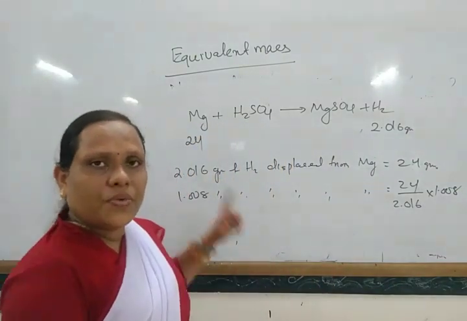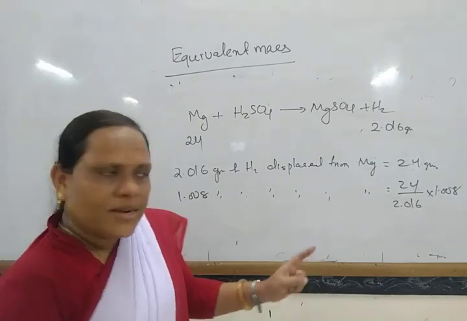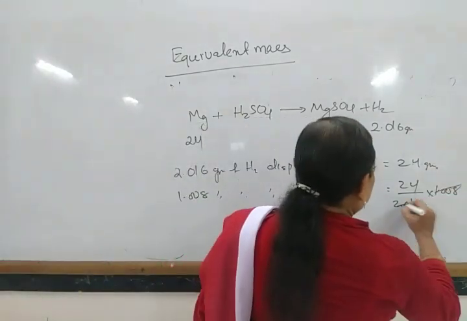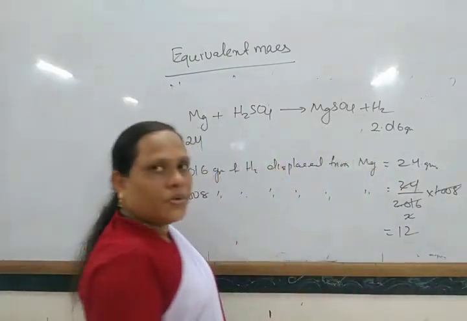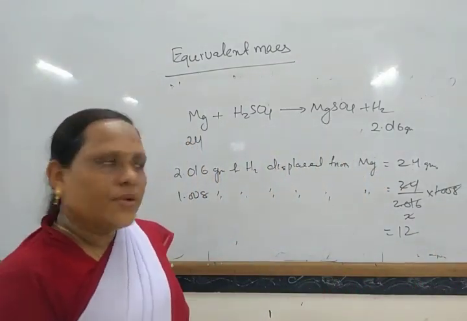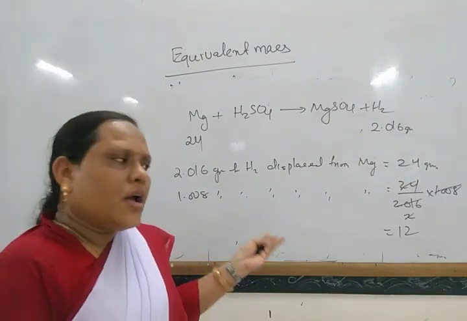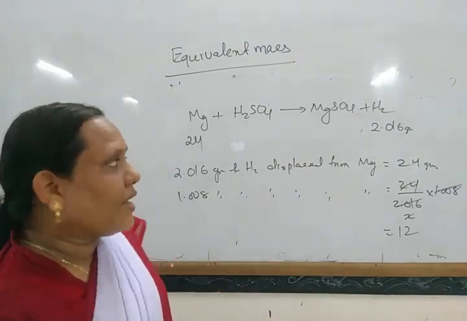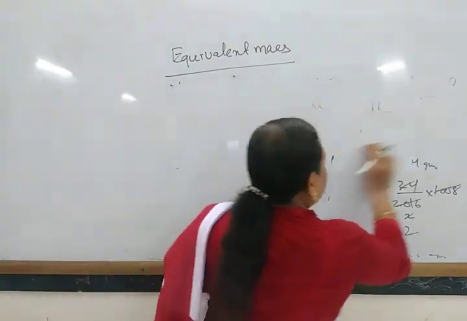According to the definition, the mass which displaces 1.008 grams of hydrogen is known as its equivalent mass. So in this way, the equivalent mass of magnesium is found to be 12. This is the displacement method, and by combining also, we can find out the equivalent mass of any substance.